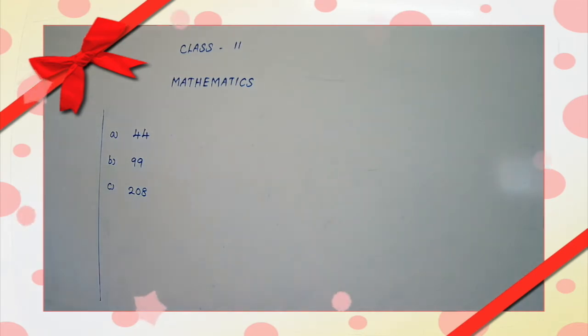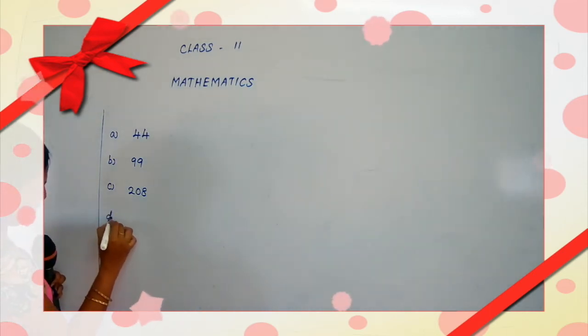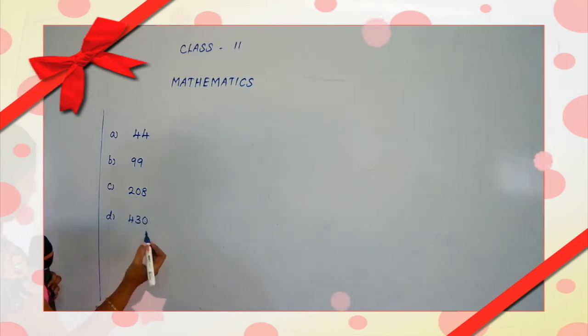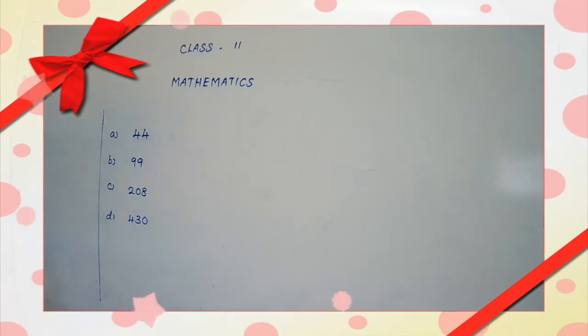Then see the next one, D. 431. What comes before 431? 430.